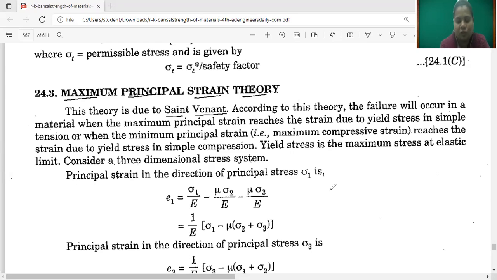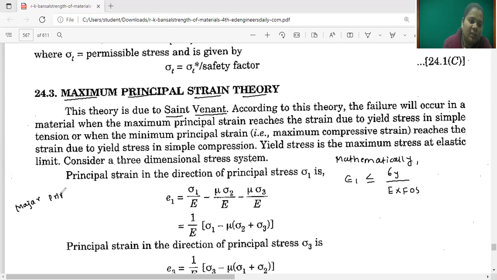Okay, so first we will write it mathematically, so that you can easily understand. Please write down, then I will explain. Mathematically, epsilon 1 should be less than or equal to sigma y divided by E into factor of safety. Epsilon 1 means major principal strain.